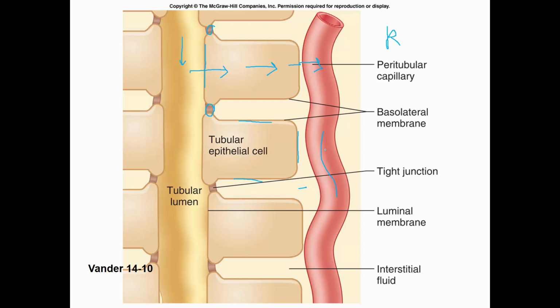However, if a substance is leaving the plasma, entering the interstitium, crossing the basolateral side of the cell, moving through the cell, and then crossing the luminal side of the cell to get added to the filtrate, that substance is being secreted. Since the tubular cells have the transporters that accomplish secretion and reabsorption, we can also talk about tubular secretion and tubular reabsorption.